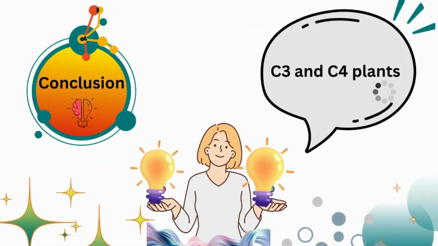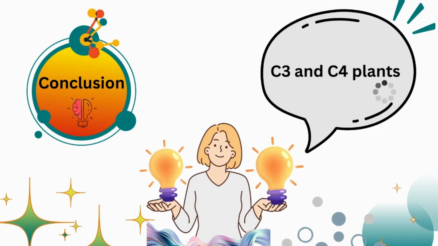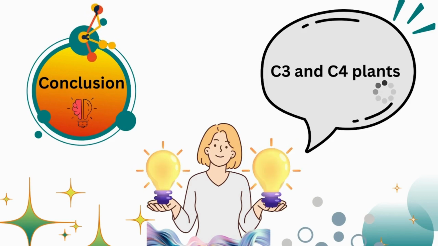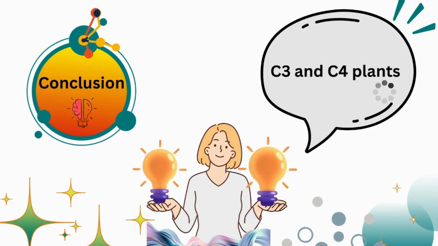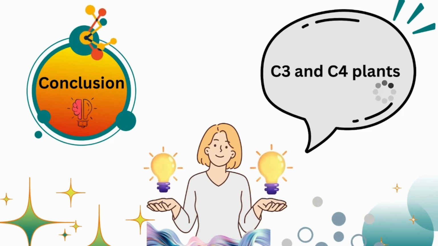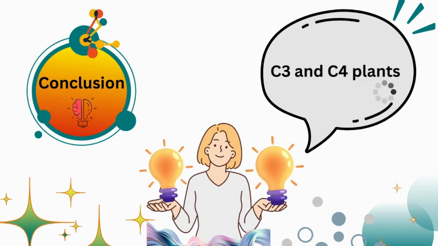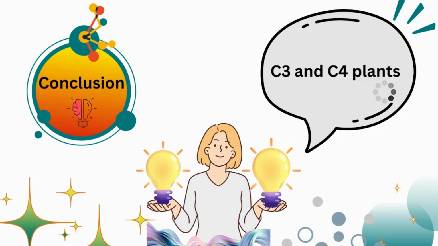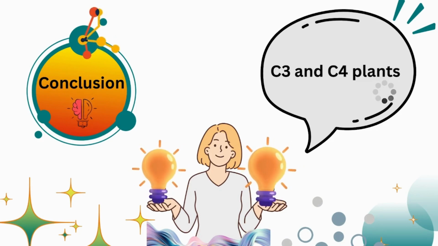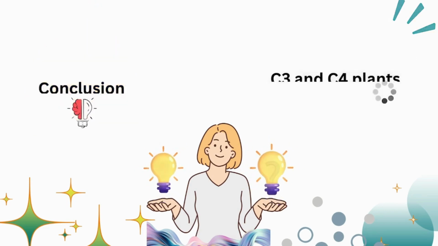From these questions, you can easily conclude that every topic related to C3 and C4 plants has high weightage. In almost every year, you are getting one question from this topic. On the basis of the previous year questions, you can easily calculate the weightage of every topic.